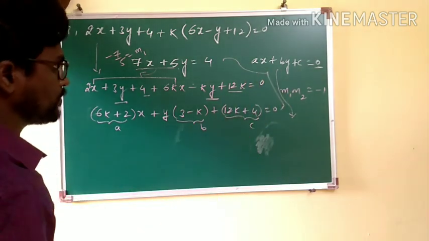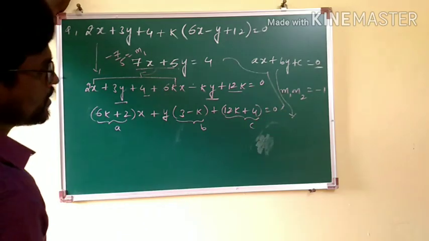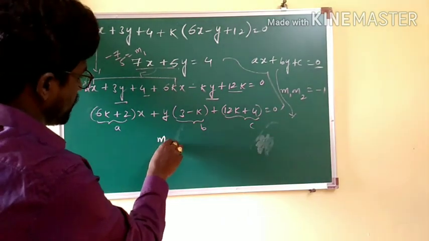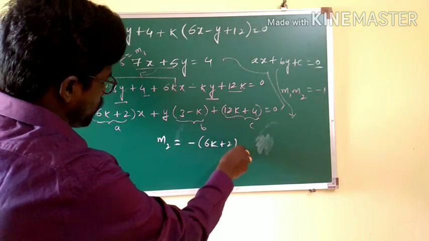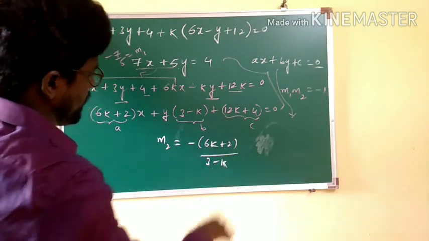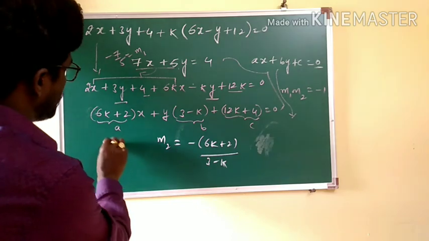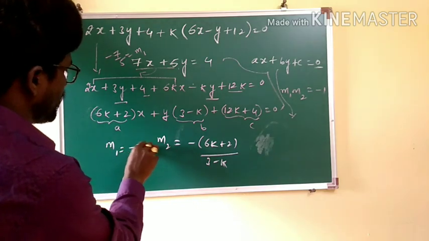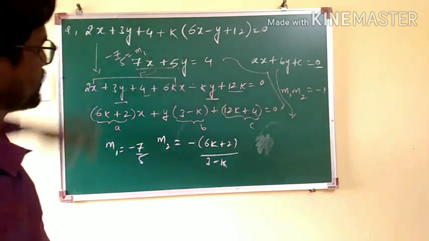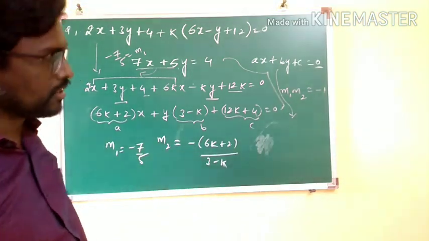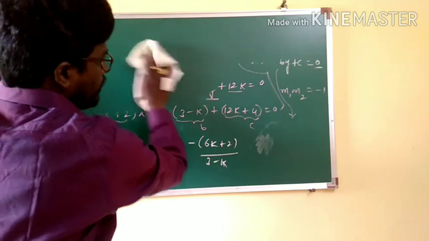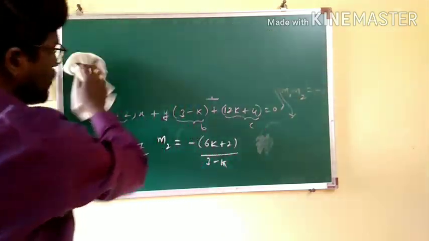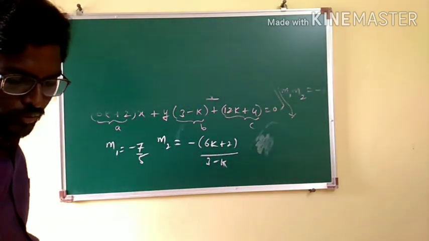Again, you compare this with ax plus by plus c equal to 0, so you will get m2 is equal to minus of 6k plus 2 by 3 minus k. m1 is minus 7 by 5 and m2 is minus of 6k plus 2 by 3 minus k. Now we are supposed to calculate the value of k. For that, what condition are we going to use? m1 into m2 equal to minus 1.